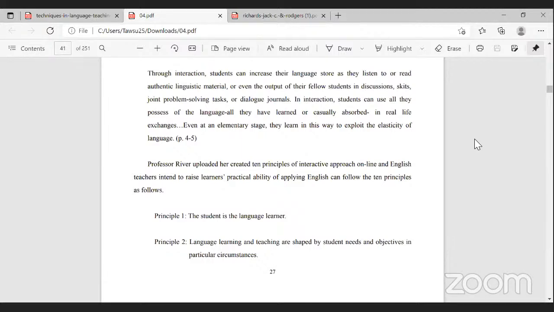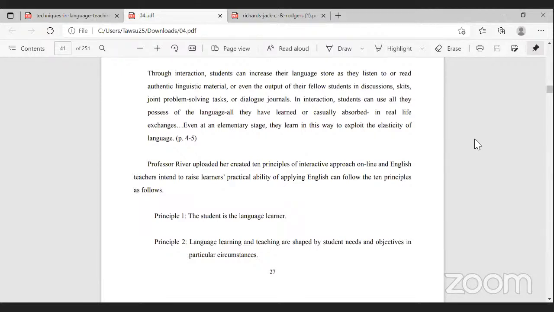She says that students should be asked to participate in different activities. And the other person, Professor River, uploaded her created 10 principles of the interactive approach online, and English teachers who intend to raise learners' practical ability of applying English can follow the 10 principles as follows.